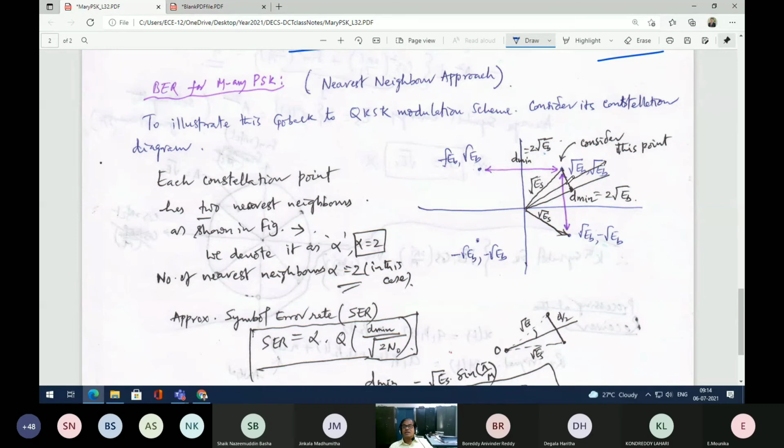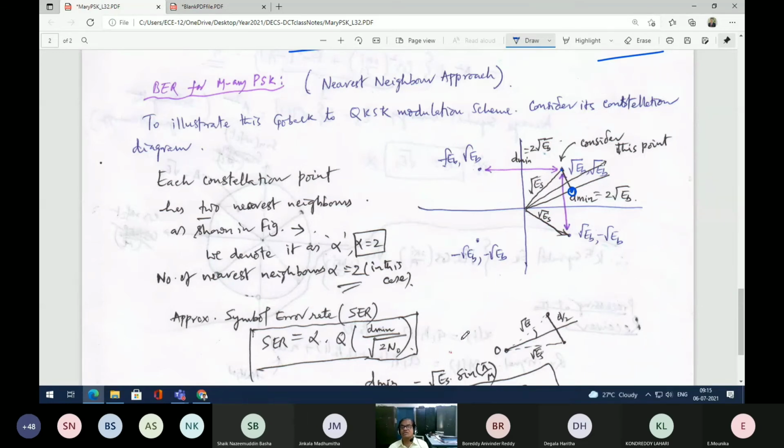Let us say this is my test point here, and I'm finding the distances. First of all, you must identify from the test signal which are the nearest signaling points, the nearest neighbors.